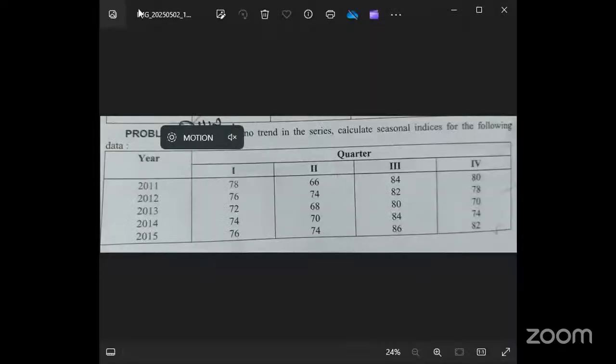So this is the last question based on link relatives of seasonal variations. So that was the question.